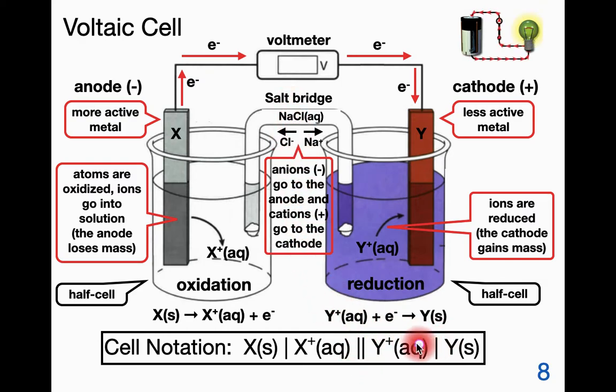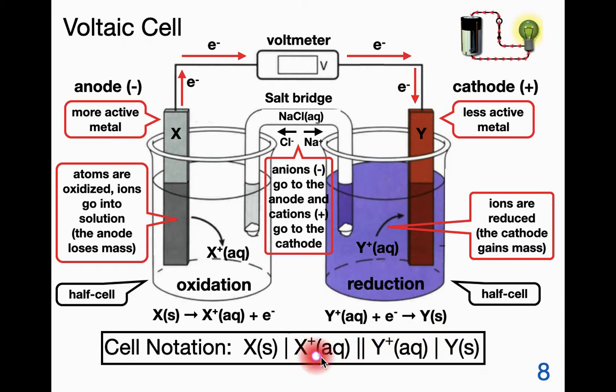On the right side, we have the half cell where reduction is taking place. And so we have an aqueous ion being reduced to its elemental state. It's important that you do it exactly in this order. So it's the metal, and then the metal's ion, double lines, the ion, single line, metal.